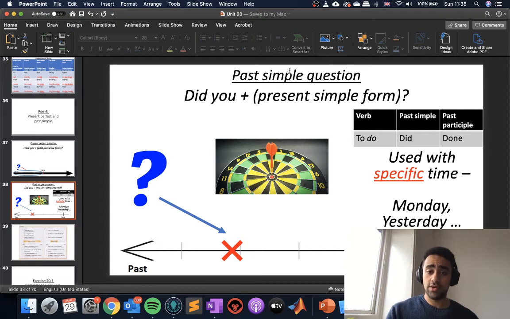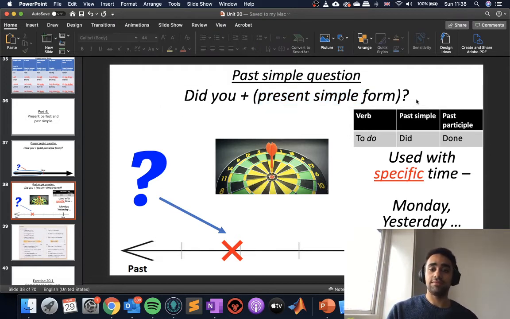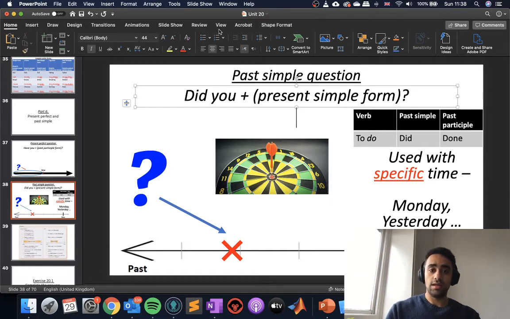For a past simple question, we have did, and then the subject, and then the infinitive version. The reason I'm saying infinitive, not just present simple, is because in the present simple it will be he helps. But if I'm asking with did, it will be did he help? So it's not did he helps, it will be the infinitive version.